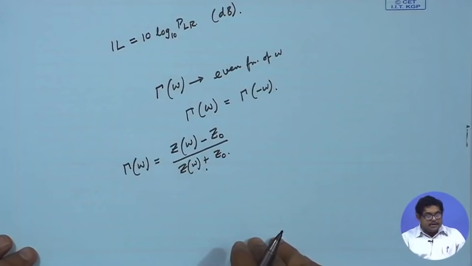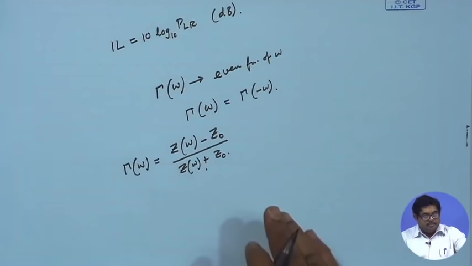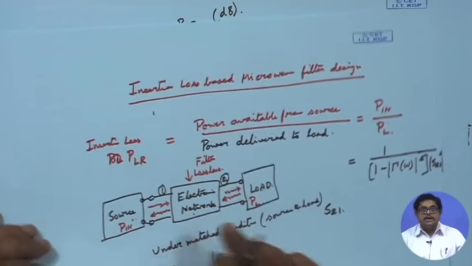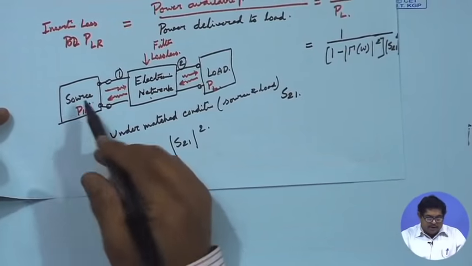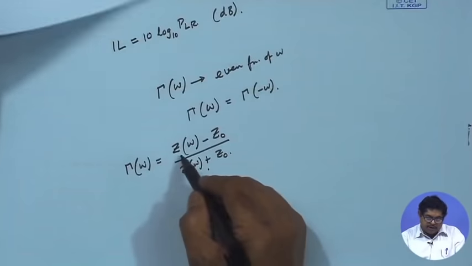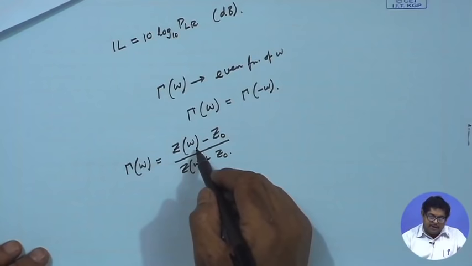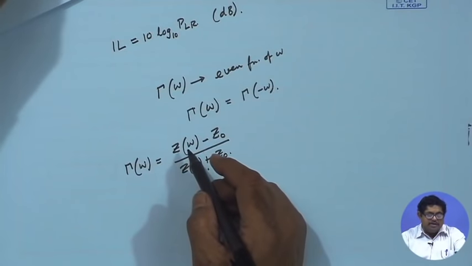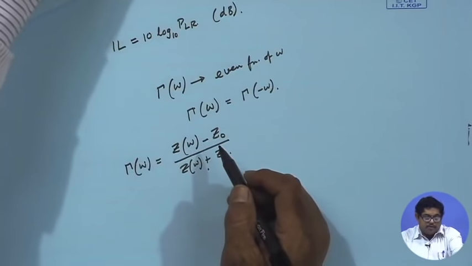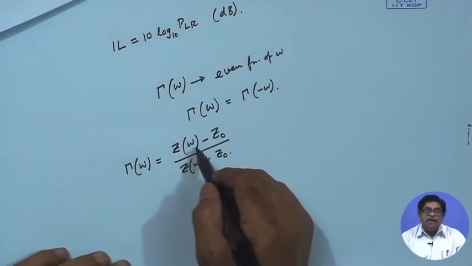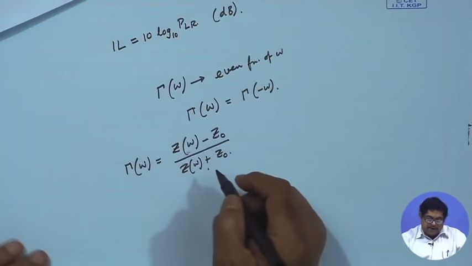If the characteristic impedance of this filter section is Z naught, then this Z omega is the source impedance. If I am talking of this reflection, then this Z omega is the load impedance.